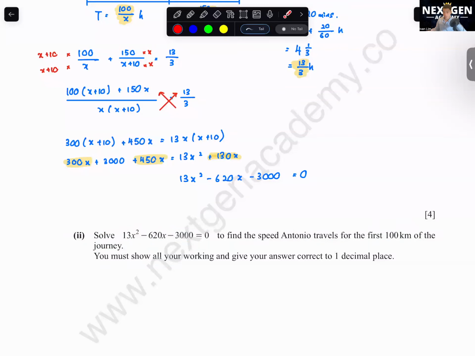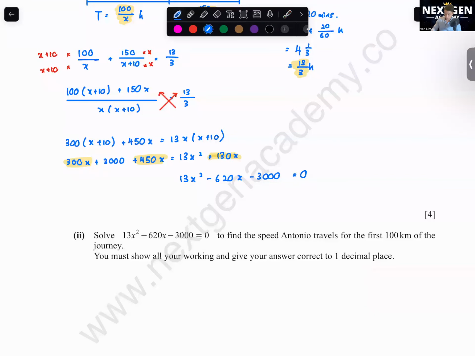What I want you to do in the exam is to use the calculator to find the answer first. Everyone take out your calculator, go into the quadratic equation mode, and type in this equation first: 13, minus 620, minus 3000. This is what I want you all to always do in the exam.